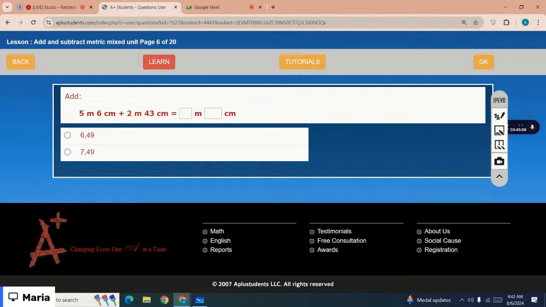The correct option is 7 and 49. Option number 2 is the correct option. Okay, you can complete the lesson by yourself later today.